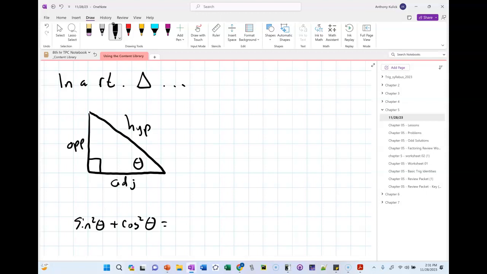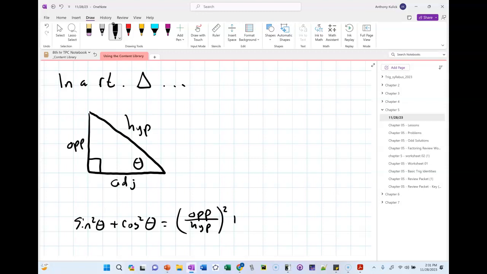How do I find sine of an angle inside of a right triangle? We use SOHCAHTOA. So sine is opposite over hypotenuse.